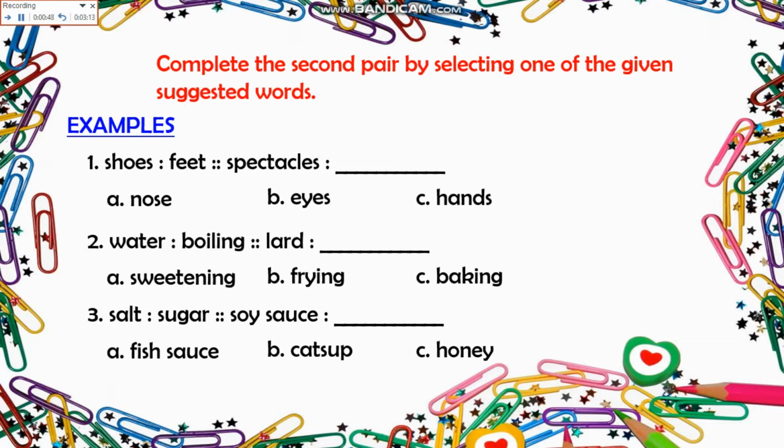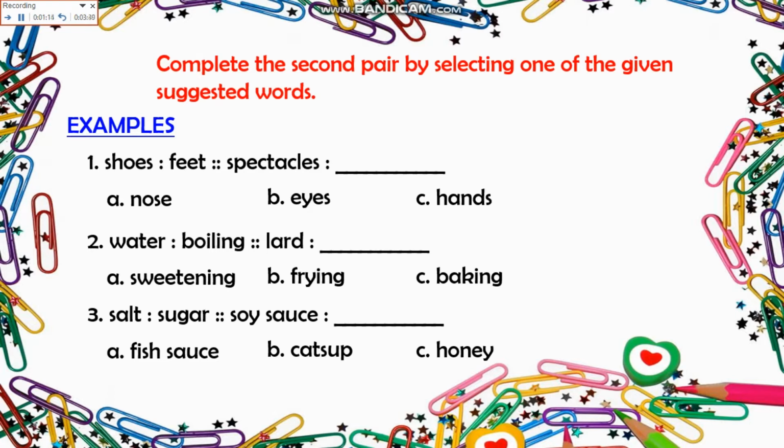Very good. Number 2, we have water is to boiling as lard is to blank. A, sweetening, B, frying, C, baking. Just a minute for you to figure it out. It's just as easy. The answer is frying because lard is used for frying.